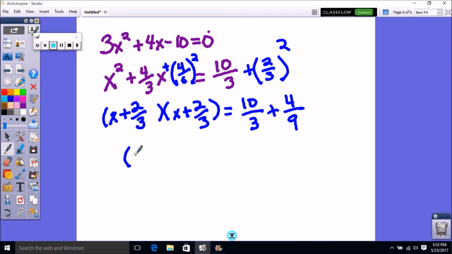Here, I need to combine this to x plus 2/3 quantity squared. Over here, to add the fraction, I need to convert 10/3 into ninths. So 10/3 is how many ninths?